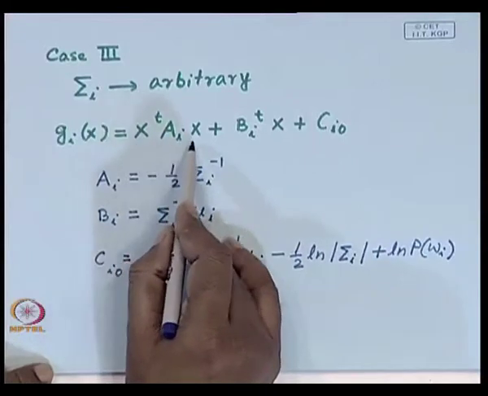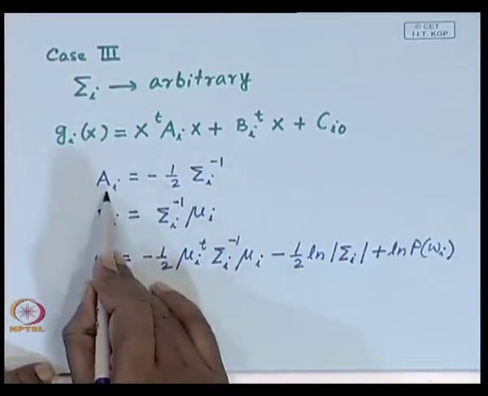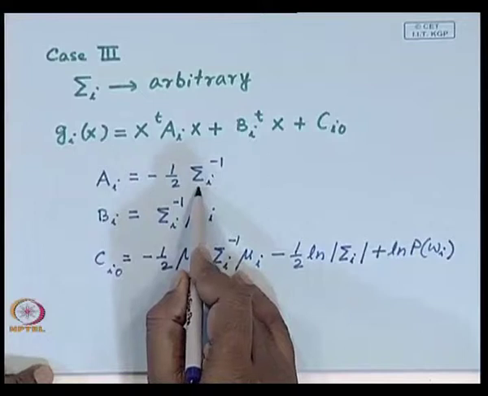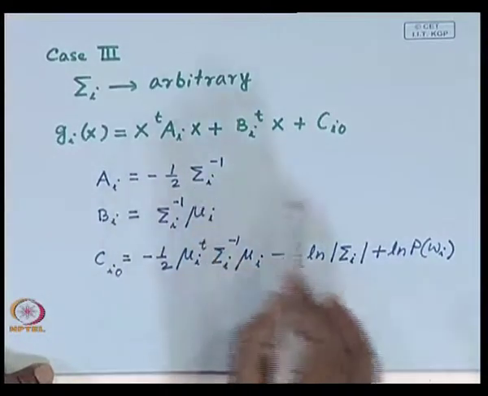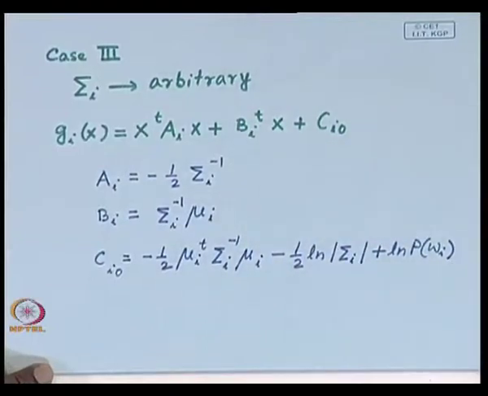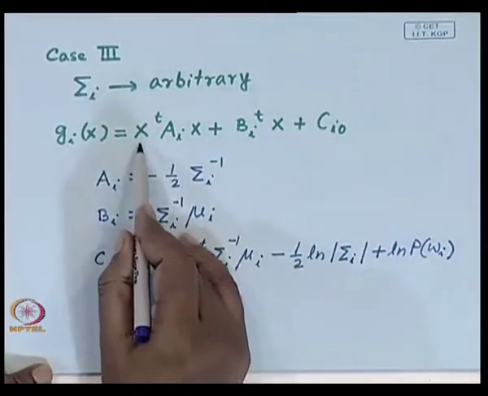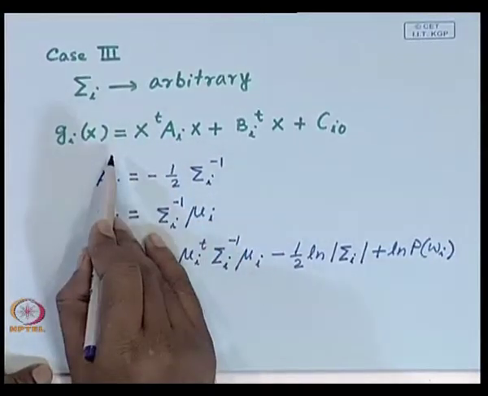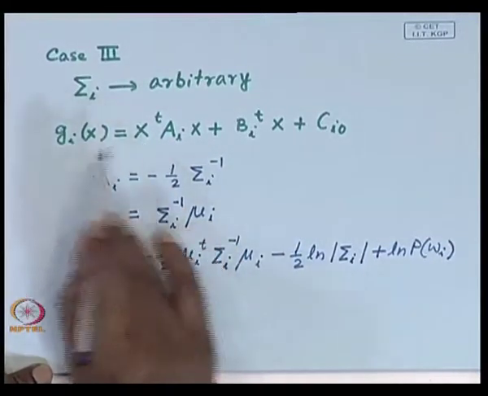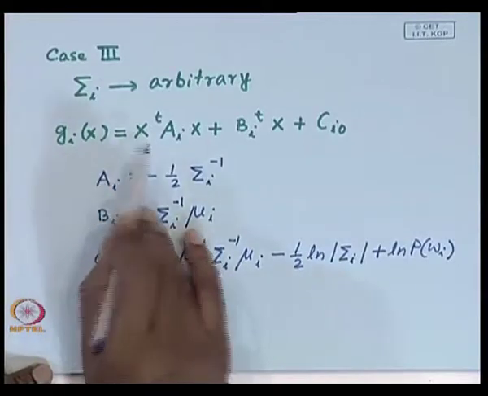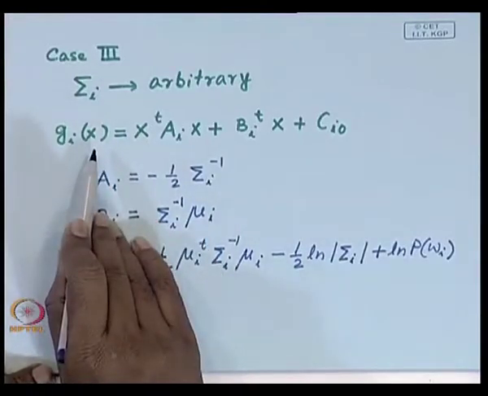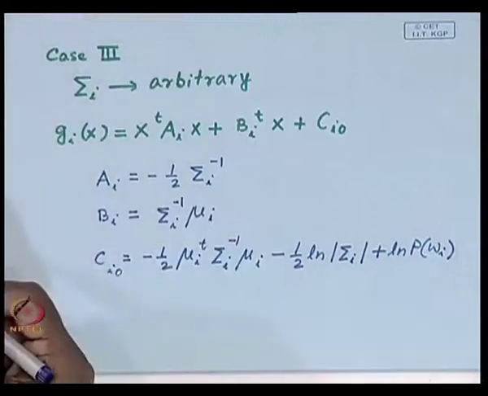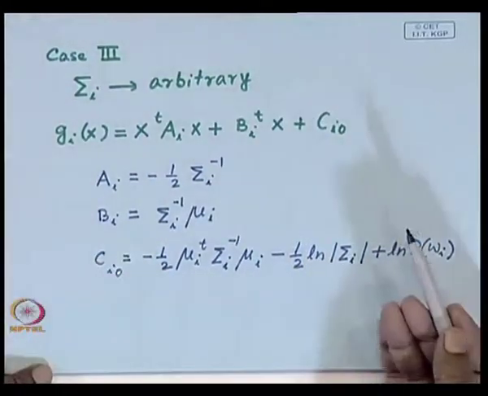But over here this is x transpose A i x, where A i depends upon the value of sigma i, that is the covariance matrix, and different classes have different covariance matrices. So, this term x transpose A i x now becomes class dependent. Because it is class dependent, it really contributes to deciding whether x will belong to class omega i or class omega j.